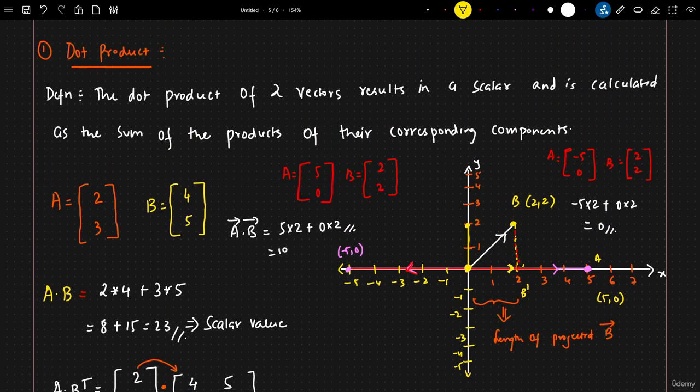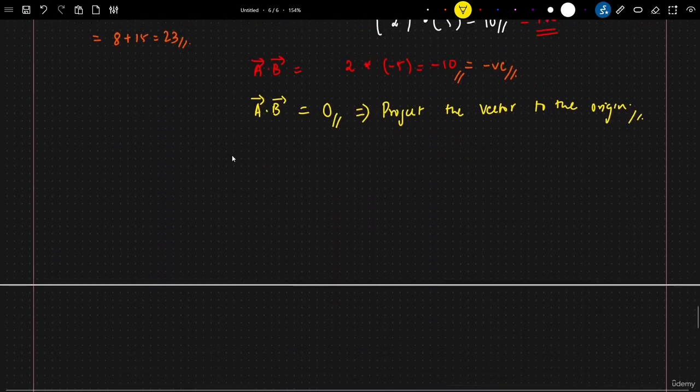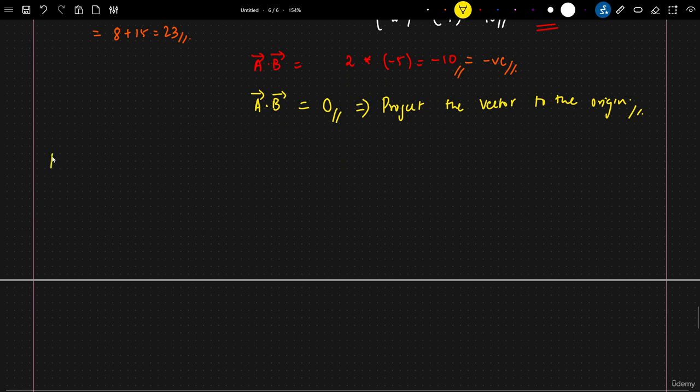Now it's time that we try to understand some important things and applications of the dot product in data science. Okay. So let's go ahead and discuss applications of the dot product in data science.